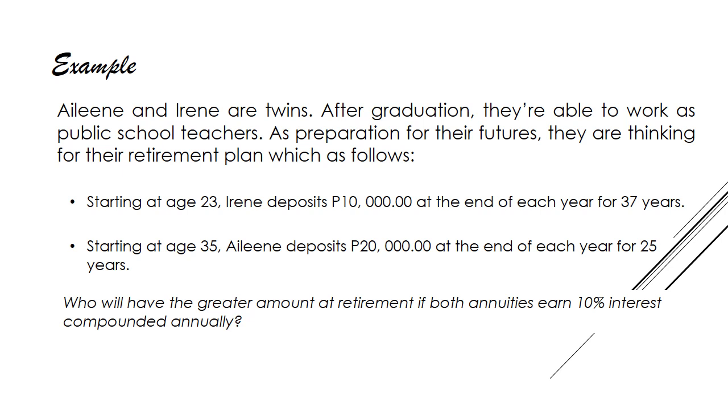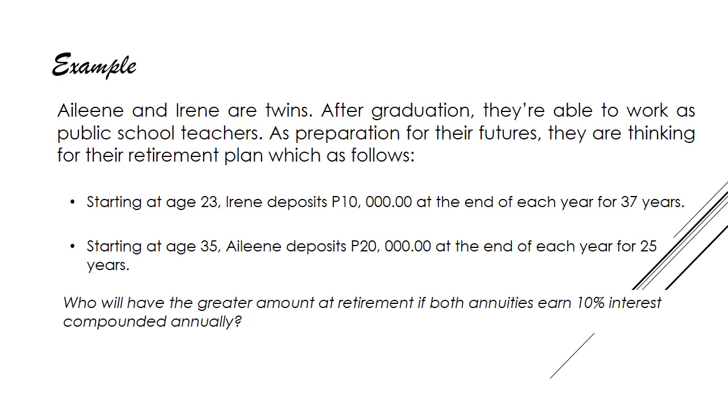Starting at age 35, Eileen deposits 20,000 pesos at the end of each year for 25 years. The question is, who will have the greater amount at retirement if both earn 10% interest compounded annually?